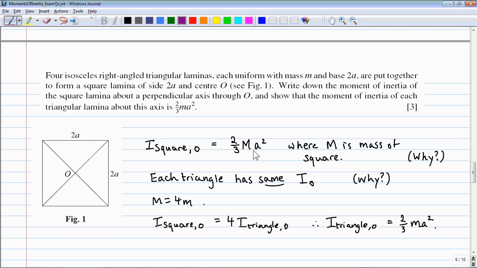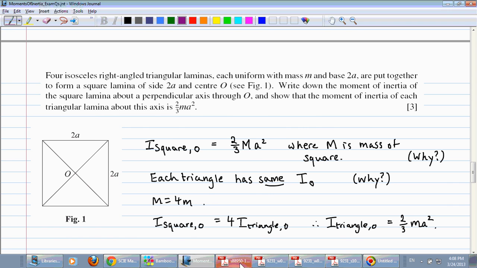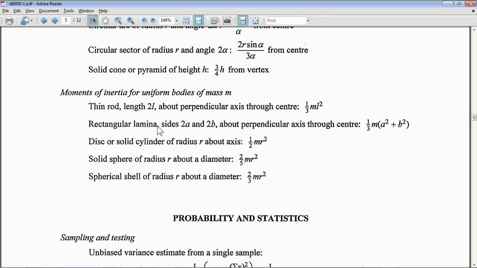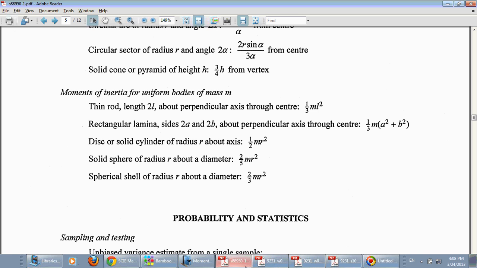Why do we know that? Well, basically we know it from MF10, because MF10 tells us the moment of inertia of a rectangular lamina is 1/3 m(a squared plus b squared), where a and b are the half sides of the rectangle. So if they're both the same, then we just get 2a squared, so we get 2/3 ma squared. So that should be obvious.